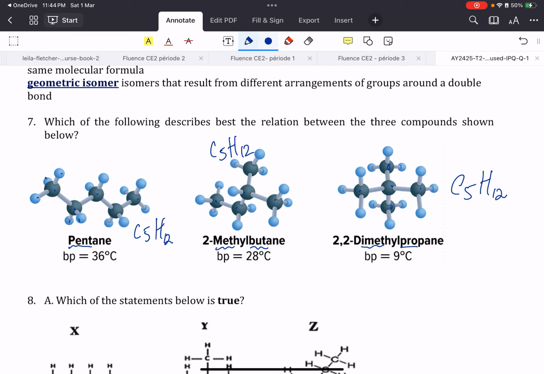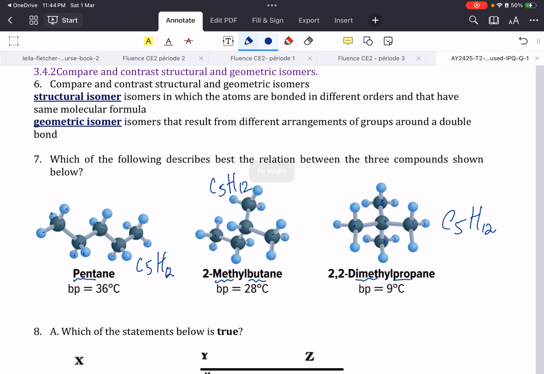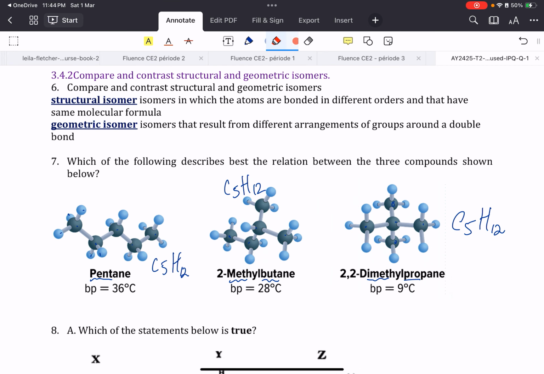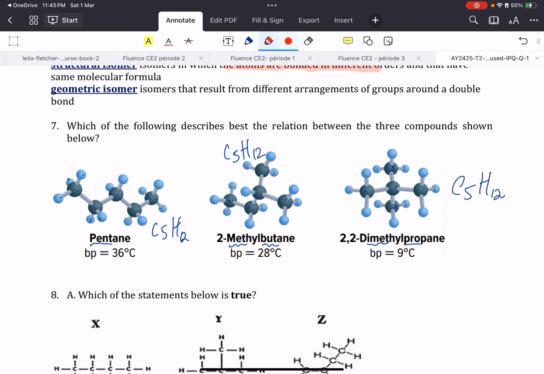So these 3 compounds have the same molecular formula, but the arrangement or the structure is different. In structural isomers, the atoms are bonded in a different way. I can know that from the name as well. The name is different and the formula is the same.